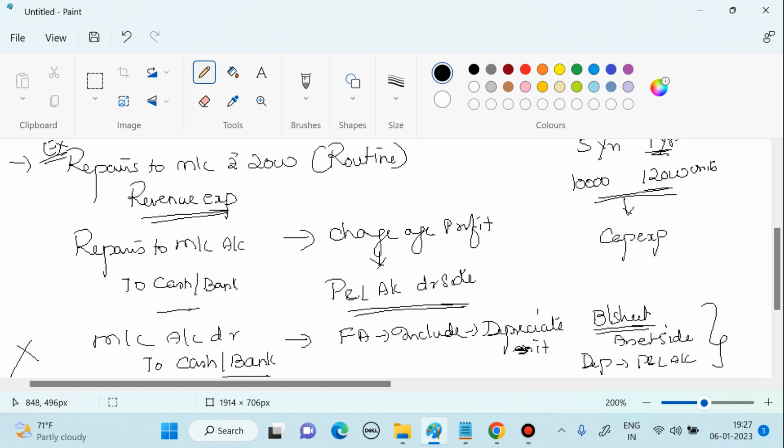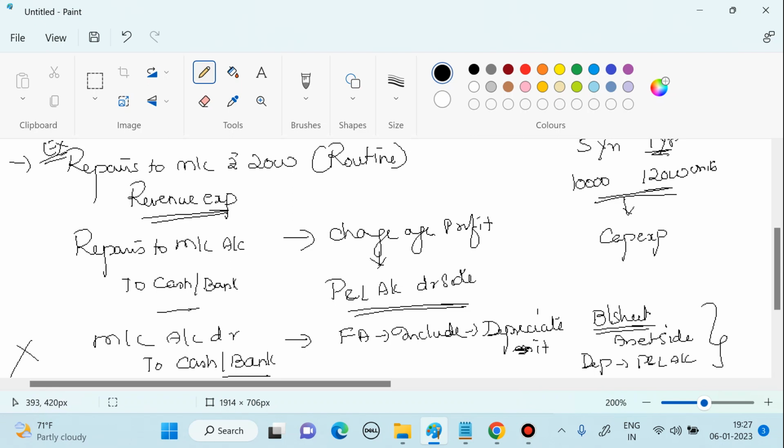Instead of that, 2000 got added to machinery. And probably if 10% is the depreciation rate, only 10% of 2000 came to profit and loss account. That also is depreciation of machinery, which is wrong treatment. Got it? Everybody clear? Yes, ma'am. This type of error is called error of principle.